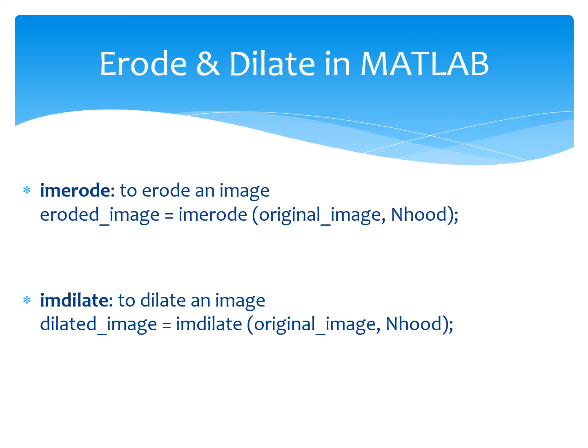The first input parameter is a binary image, and the second input parameter is a structural element, indicating pixel connectivity. The structural element is a logical matrix where all neighbor pixels are set to true, 1, and non-neighbor pixels are set to false, 0.